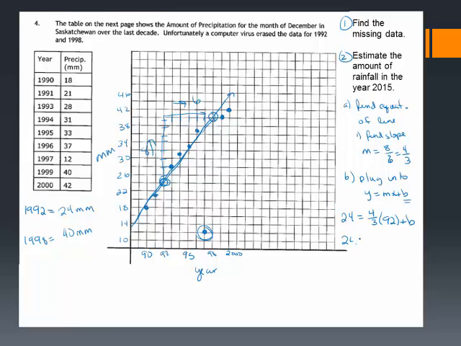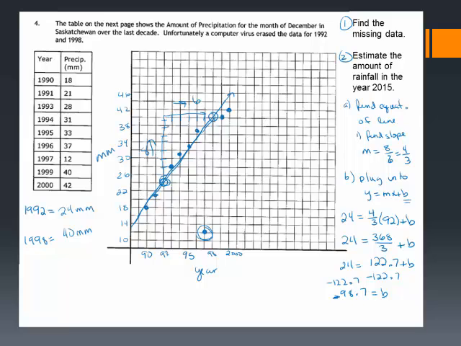So I'm going to get 24 is equal to 368 thirds plus b. And I will get 24 is equal to 122.7 plus b. Now I did round that. I'll subtract 122.7 from both sides. And I get b is equal to negative 98.7.